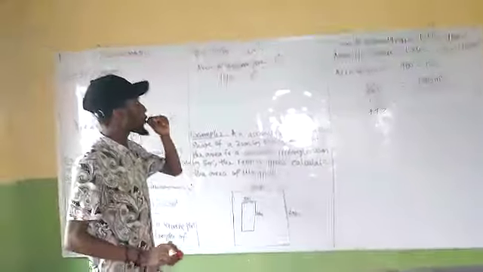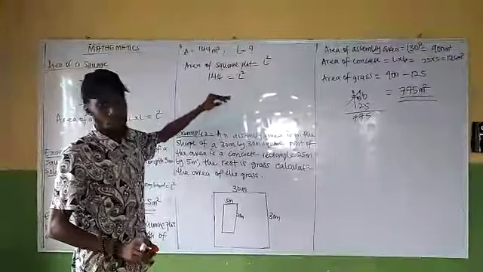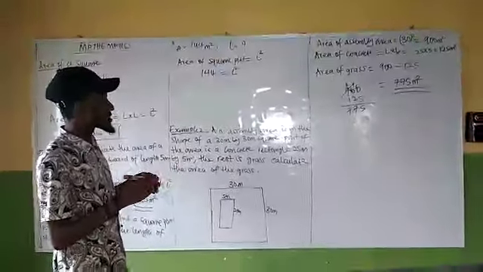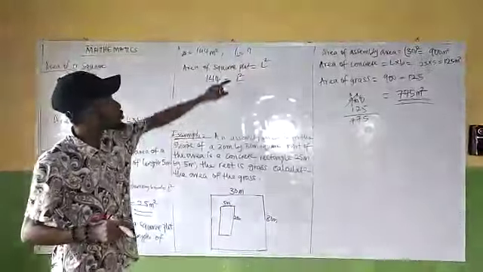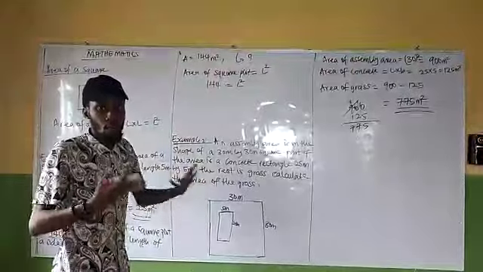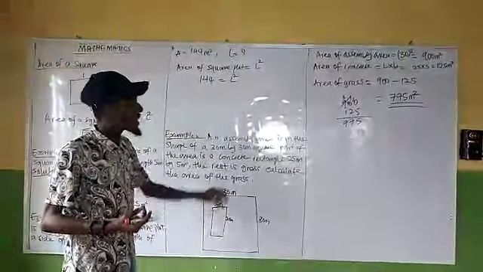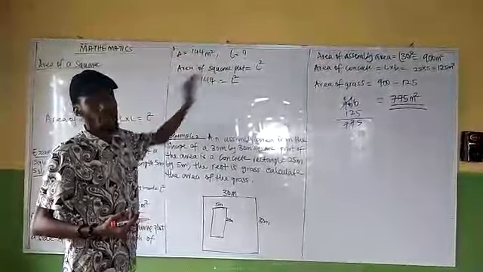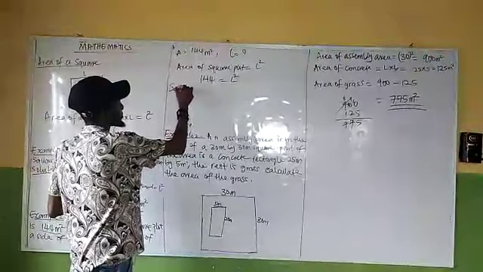So for us to get that length, when we arrive at this point, what you have to do is very simple. When you say 144 is equal to L square, to remove this square, you square root both sides. By the time you get rid of the square, any answer you get will be for just a length.